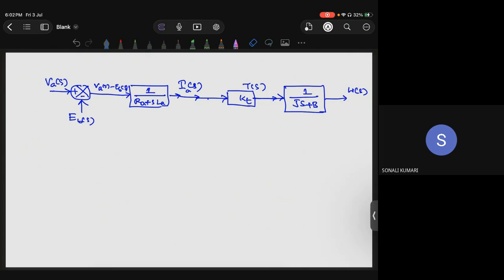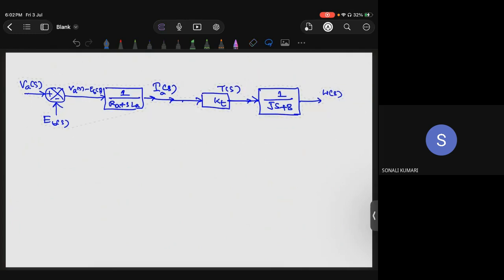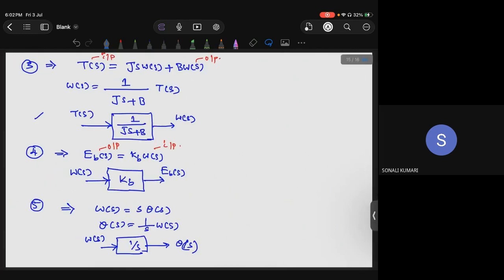Next, what is the next system? I'll move this one in this way. The next system has omega of S. So put it there.